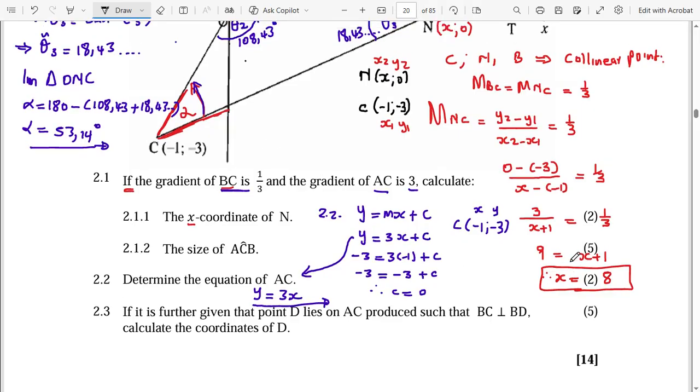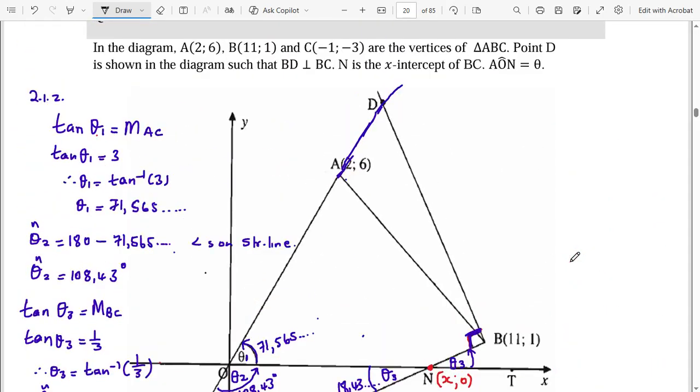Okay, let me explain how to find the coordinates of D. Look at this point here. This is what we call the point of contact, the point of intersection. How do we find the point of intersection in maths? We equate the equations of the two lines.